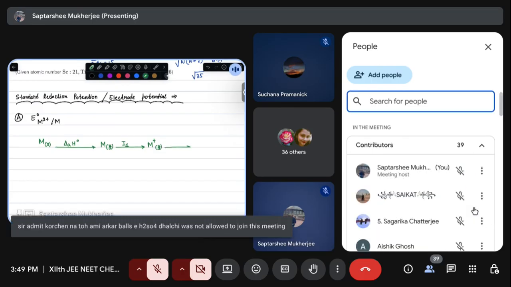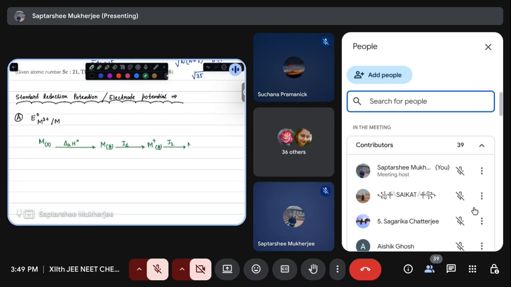By then applying the second ionization enthalpy, we get M2 plus gas. By then applying standard hydration enthalpy, we get M plus 2 aqueous.